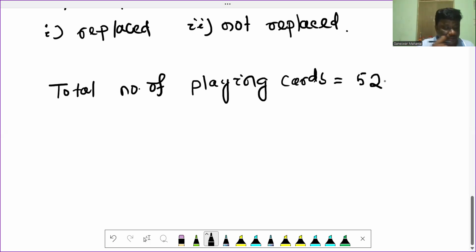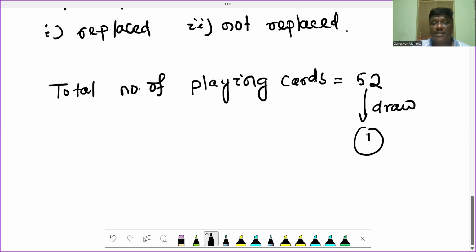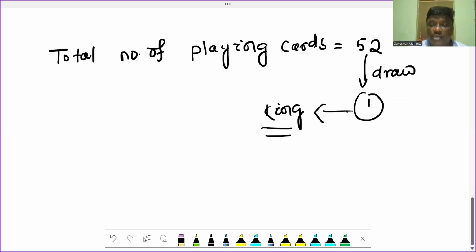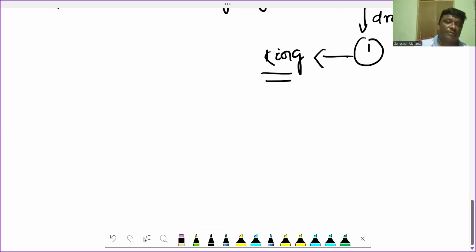But the question is the probability of drawing a king out of 52 when we draw a card. One card is drawn here. Then what is the probability that this card is a king? There are 4 kings available in our playing cards.